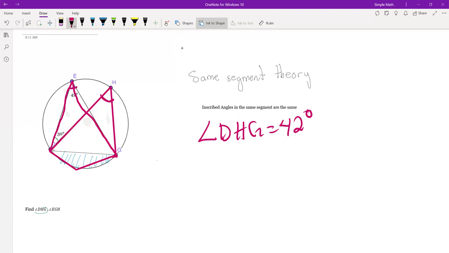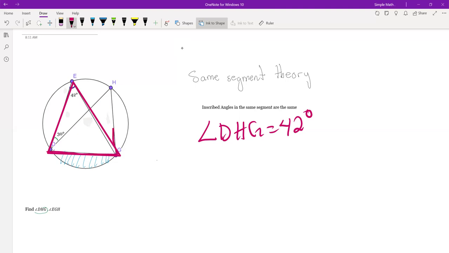That's why it's called the same segment theorem, because they are formed at their base. If you look at this as a triangle, you can see that they have the same base.